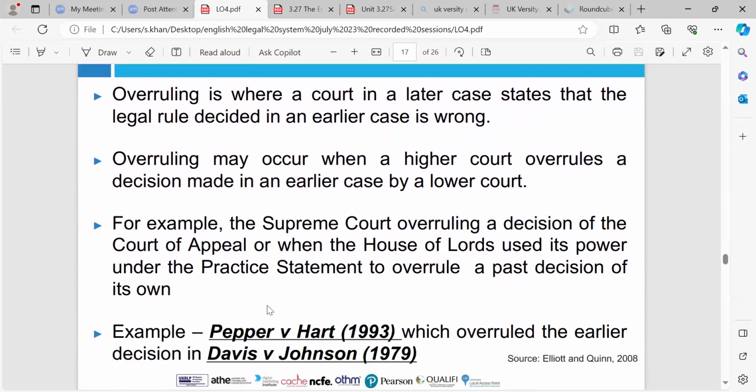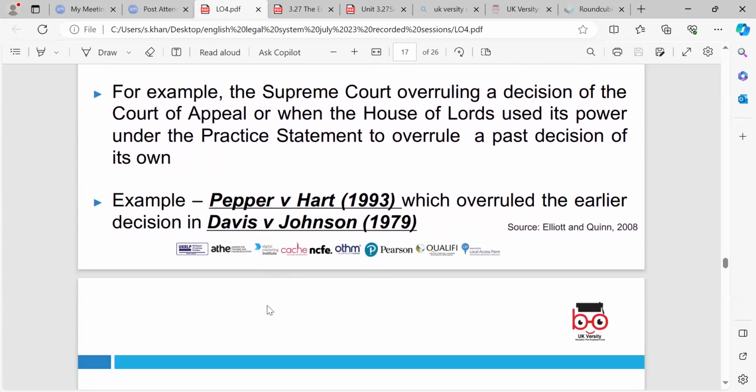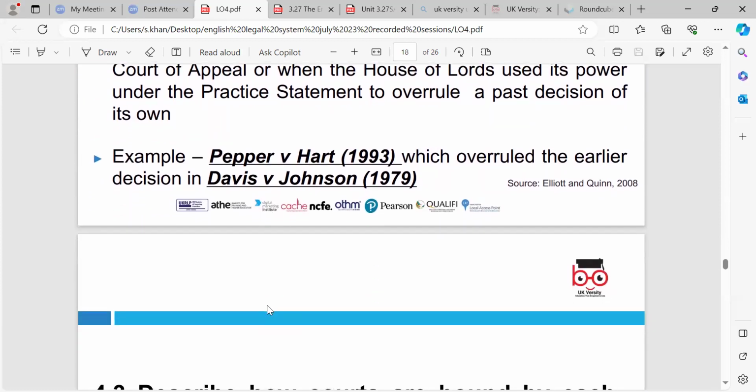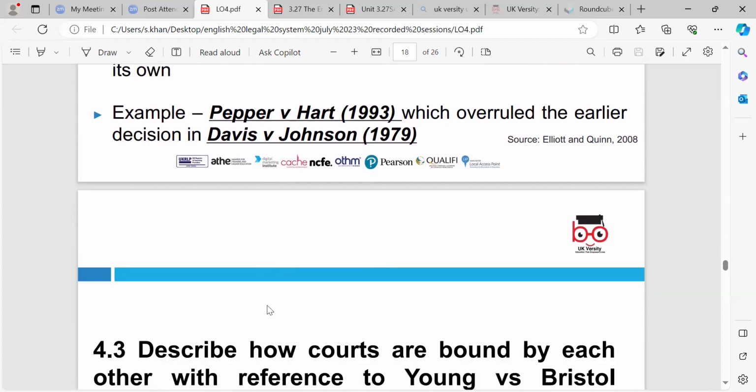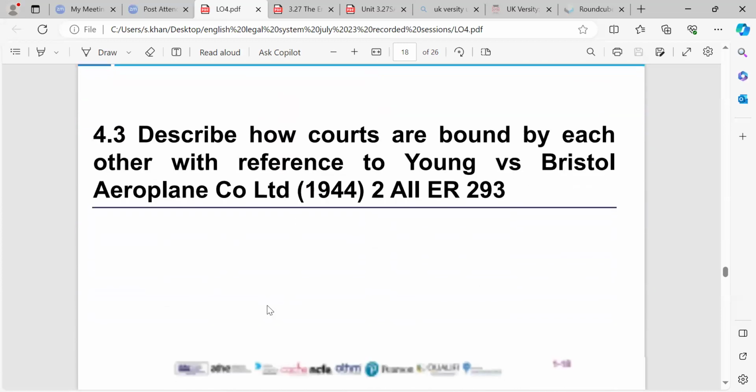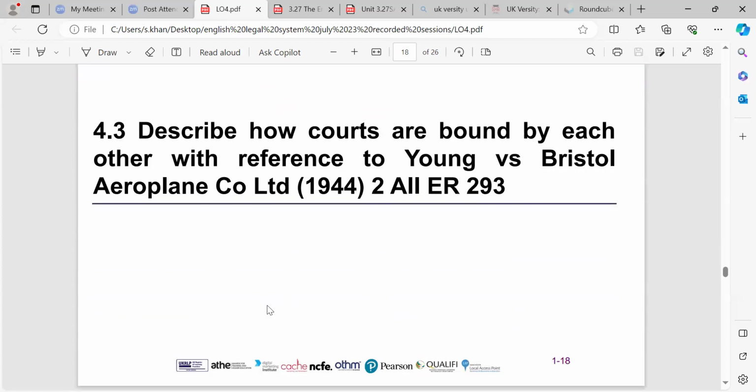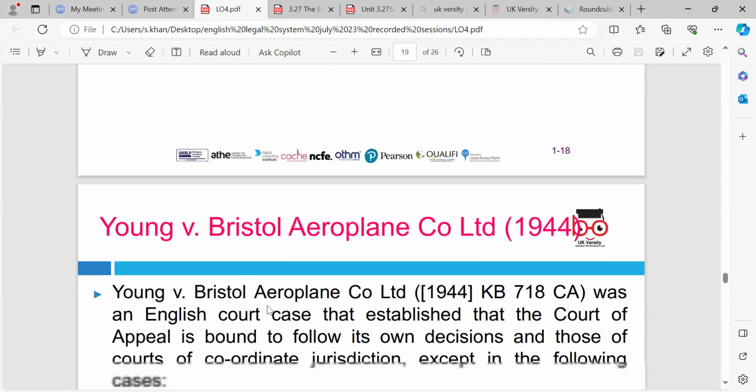We looked at overruling, which is where a court in a later case states that the legal rule decided in an earlier case is wrong. We gave examples of Pepper and Hart, 1983, a really important case, and Davies and Johnson, 1979. We then went on to 4.3 and looked at how courts are bound by each other with reference to the Young and Bristol Aeroplane Company Limited, 1944 case.